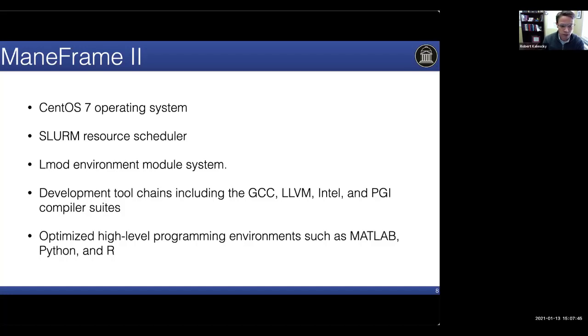Okay, so M2 is a shared resource, and so we use a system called Slurm, which basically schedules who gets what access to specific parts of the machine at any given time. We use the LMOD environment module system to manage access to specific pieces of software on the system. I like to point out these three pieces, CentOS, Slurm, and LMOD together, because if you are doing research in the future at another institution, it is very likely that they will use these same three together.